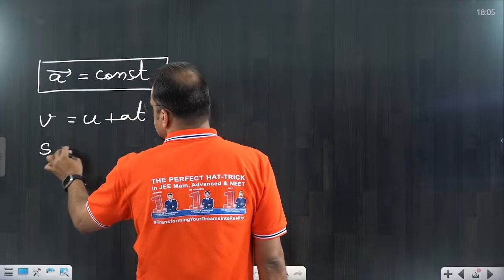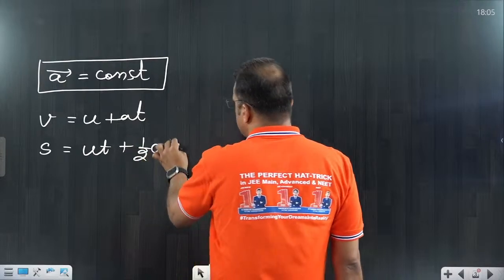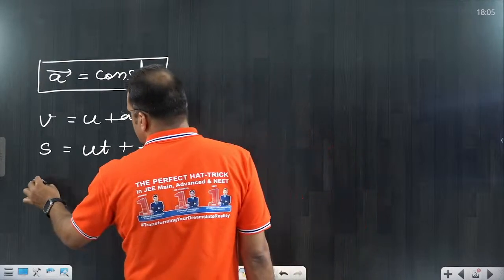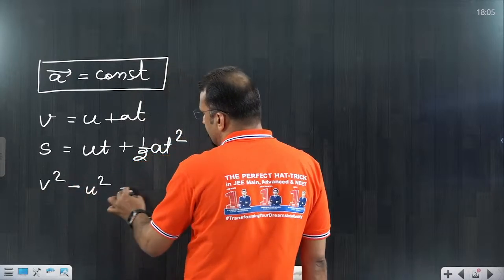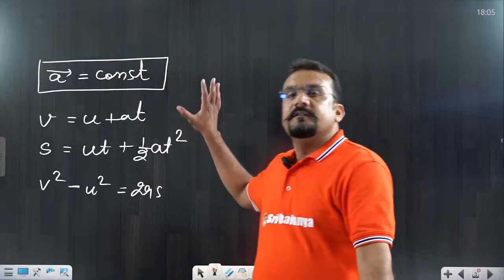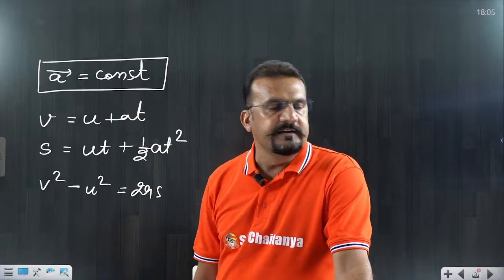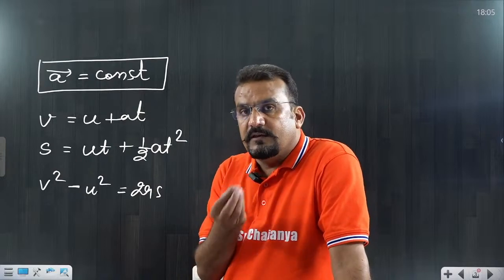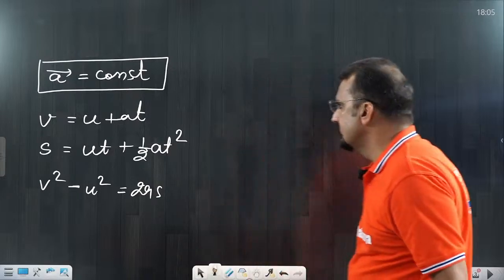Second equation, s equals ut plus half at square. And the third one, v square minus u square equals 2as. Very important. These equations are only valid when acceleration is constant. That's why they are called uniformly accelerated motion equations.